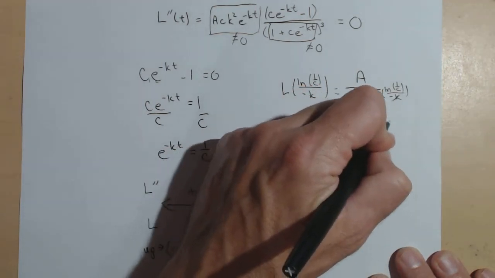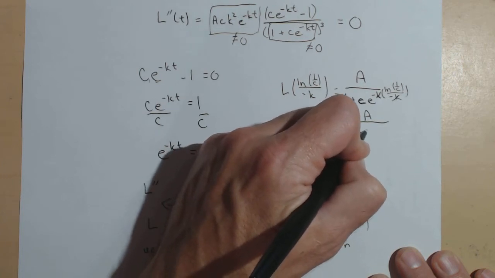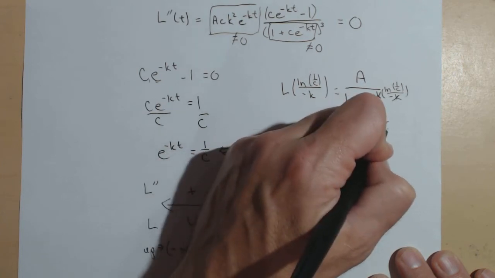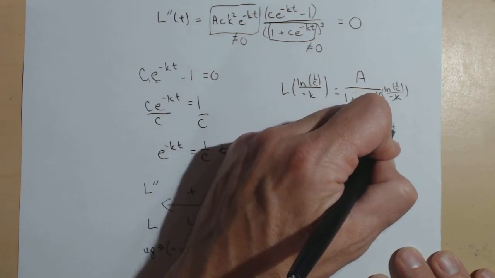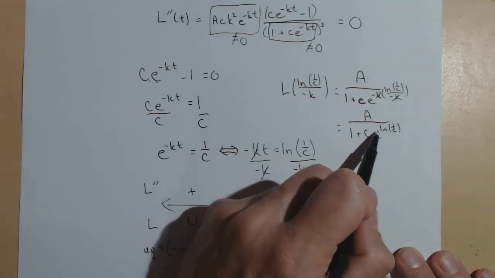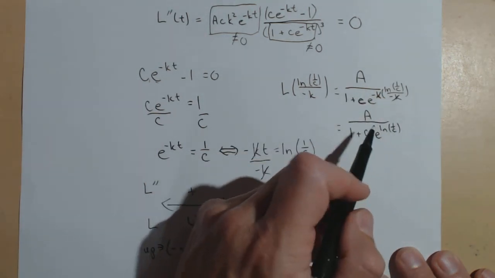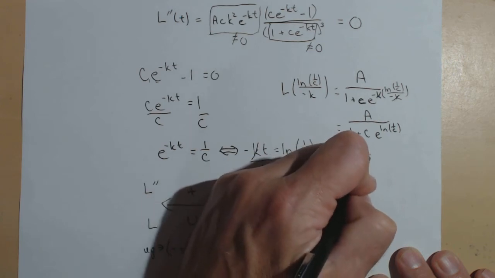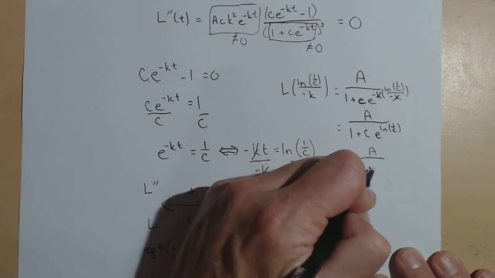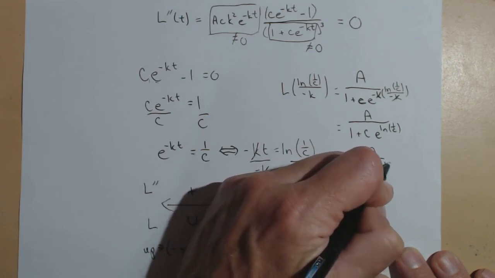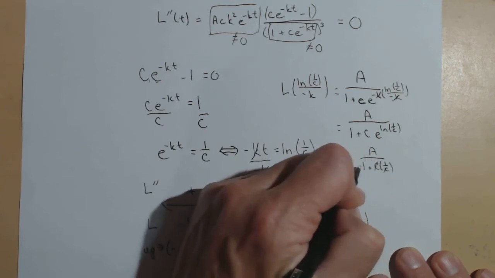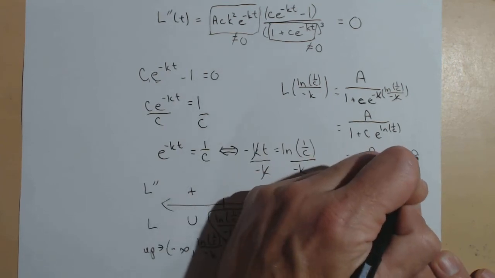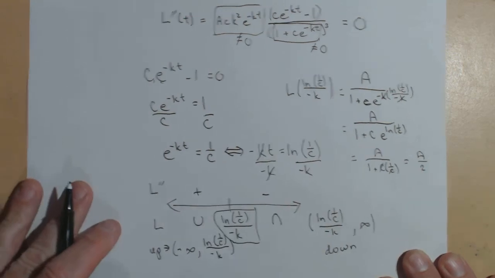So we have a over 1 plus c e to the ln of 1 over c. And if you remember your properties of logs, e to the natural log of 1 over c is just 1 over c. So a over 1 plus c times 1 over c. Those cancel, and it's just 1 plus 1, or a over 2.